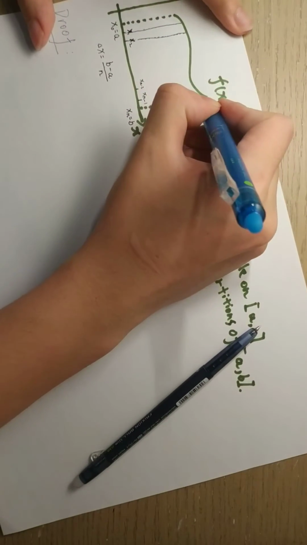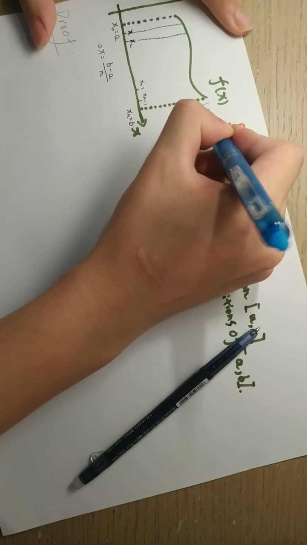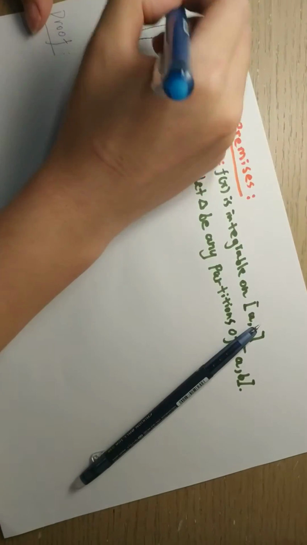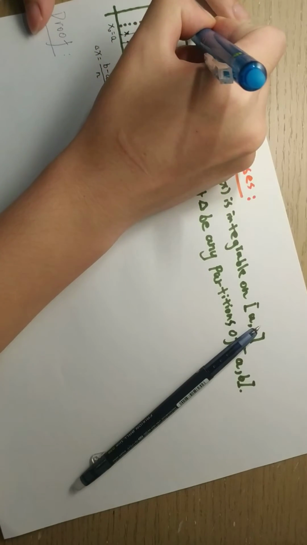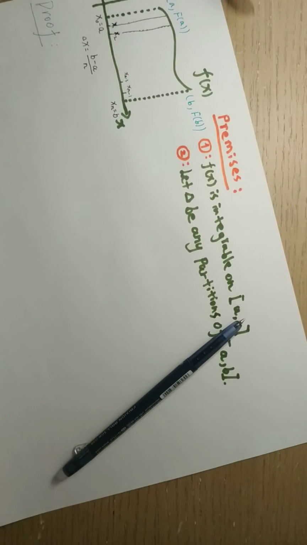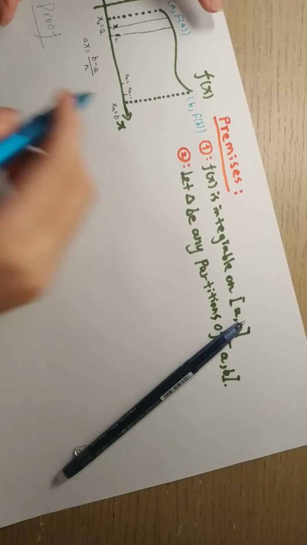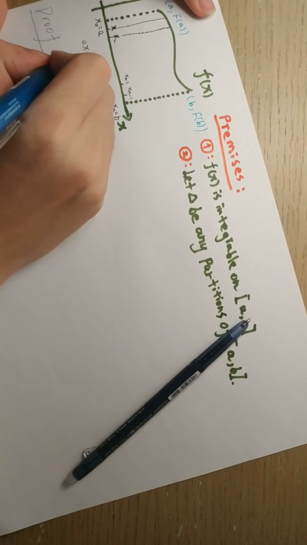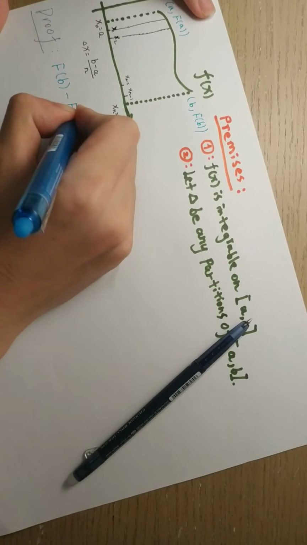This point would be f of b, and this point here would be f of a. The key to proving this theorem is to start with f of b minus f of a.